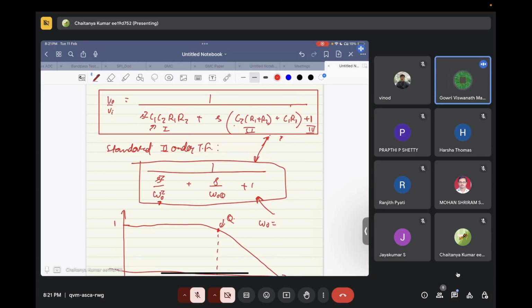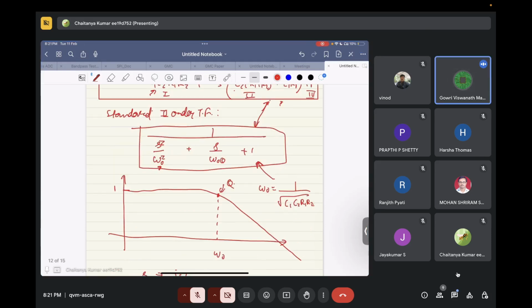So basically 1 by omega naught square is equal to C1 C2 R1 R2, right? So omega naught is equal to 1 by square root of C1 C2 R1 R2. Okay.